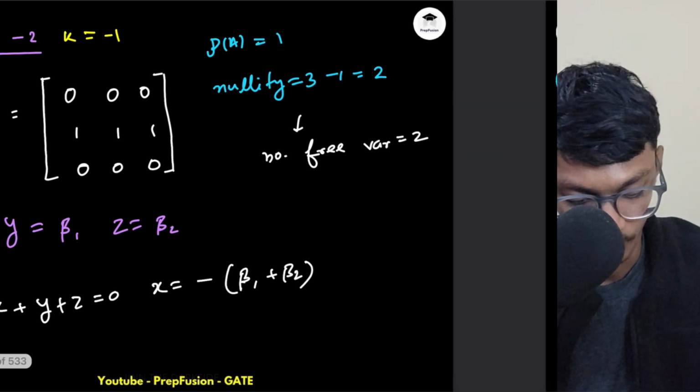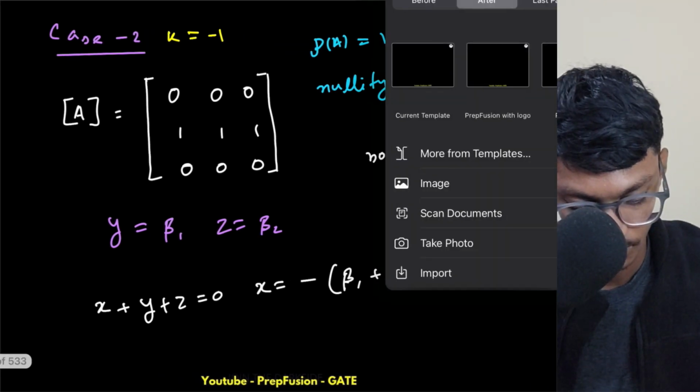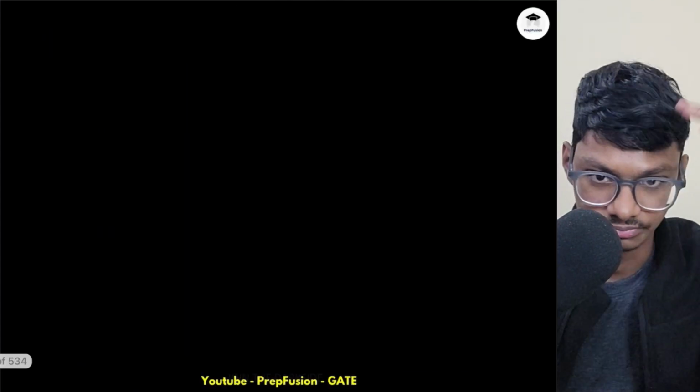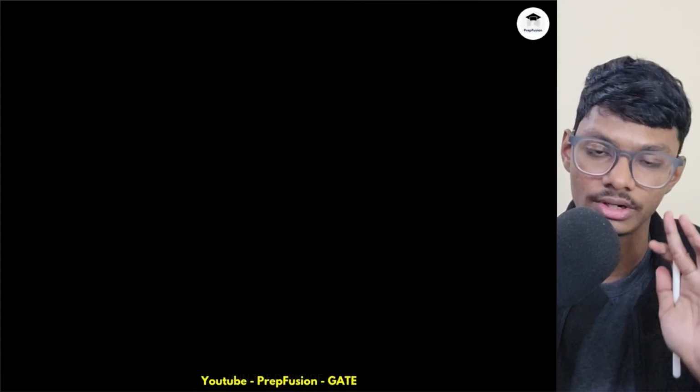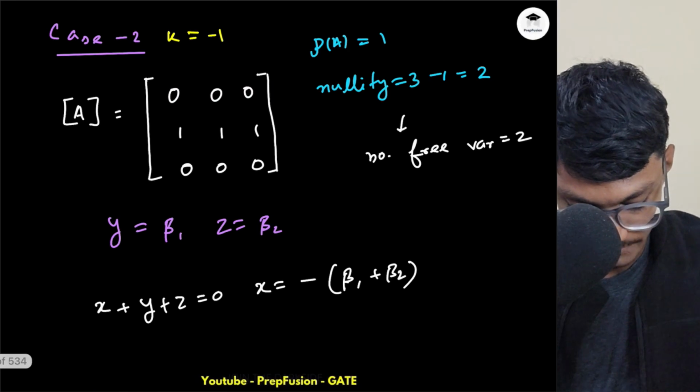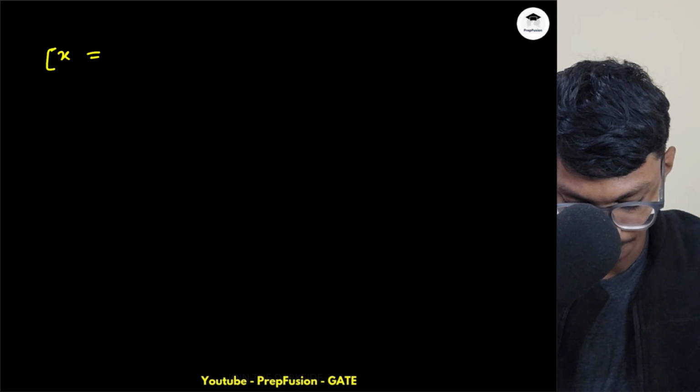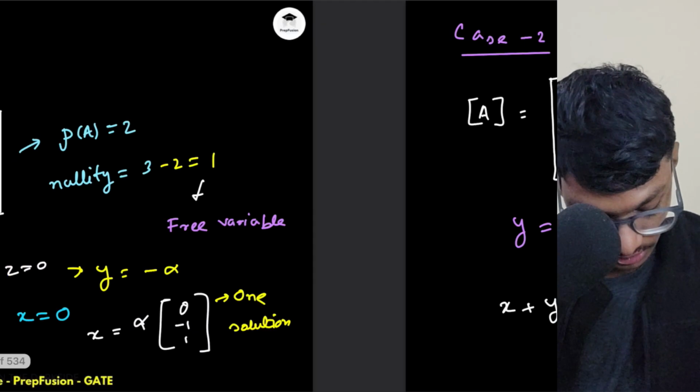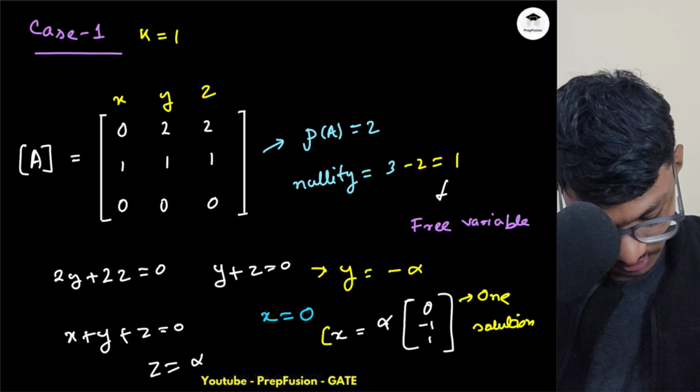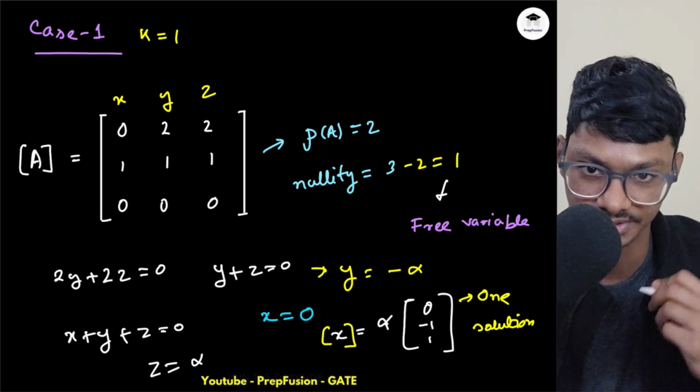Now what is my solution vector? A vector is just a simple column matrix, for now. So my solution vector will look something like this. I've written it as x, but this is actually the solution vector, so don't get confused with normal x.